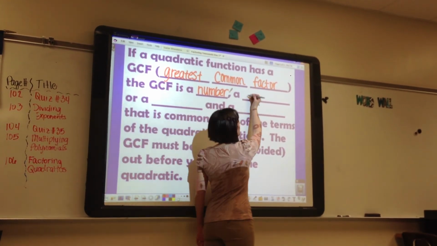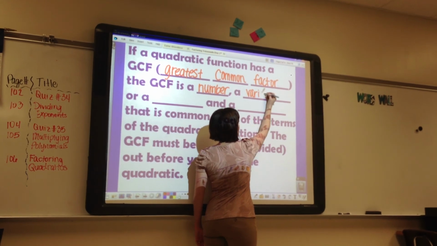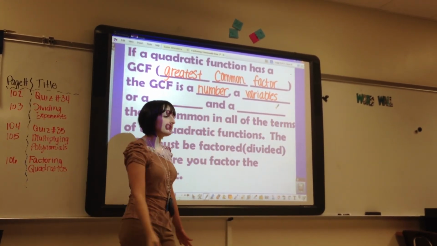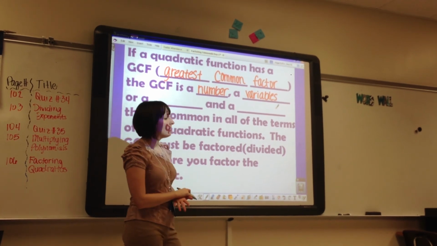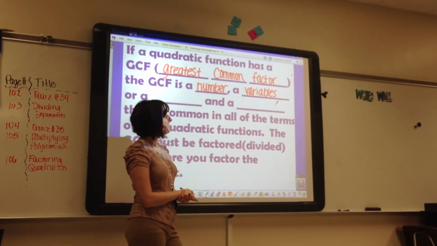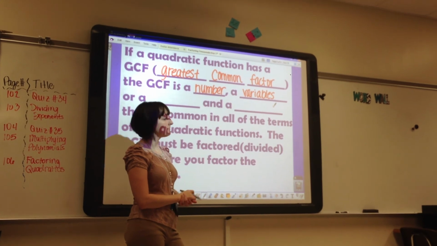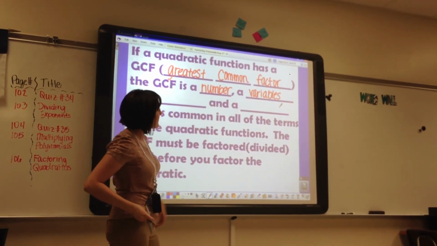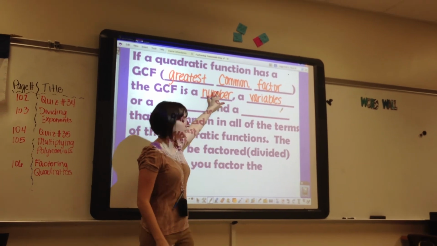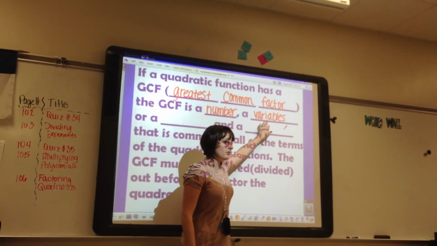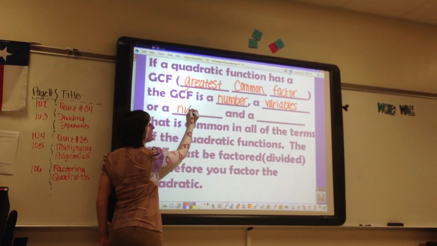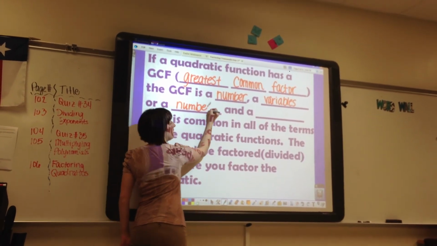I'll put variables. Or a number and a variable. So sometimes it might be just a number, sometimes just a variable, or sometimes both. So on the bottom one, you put a number or a variable.